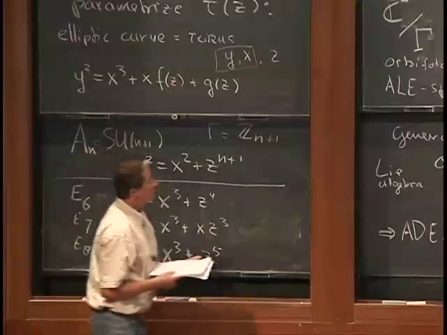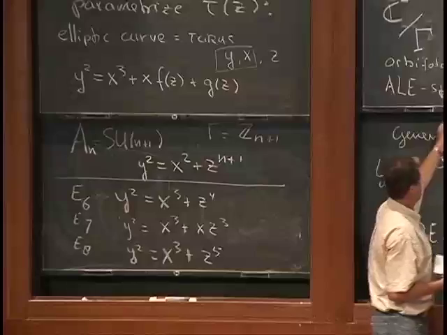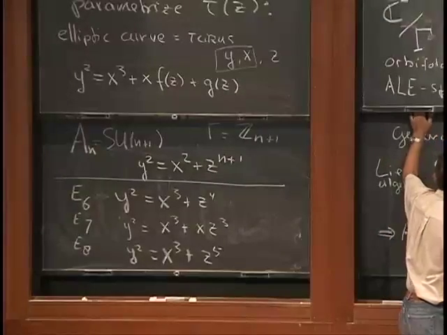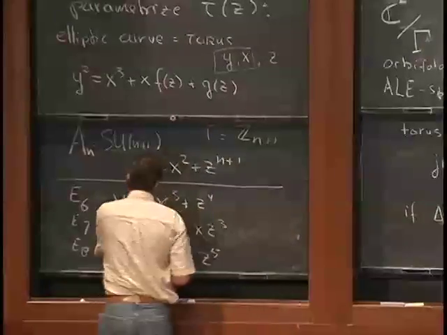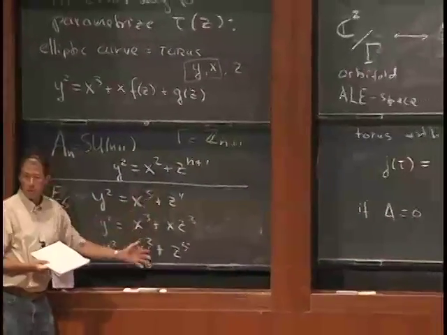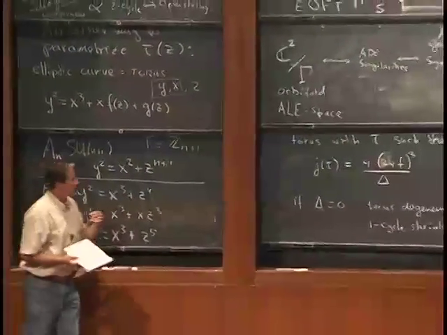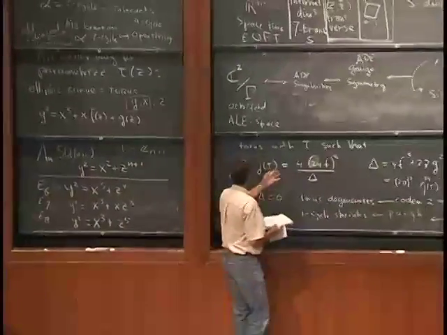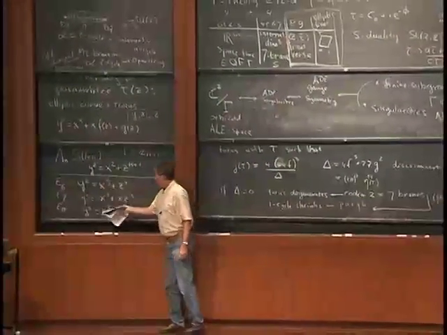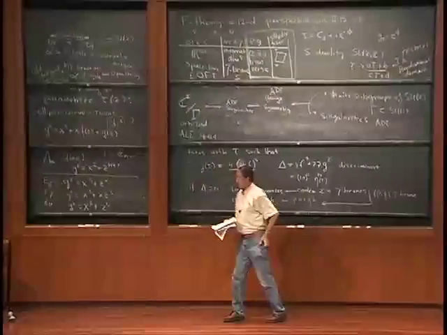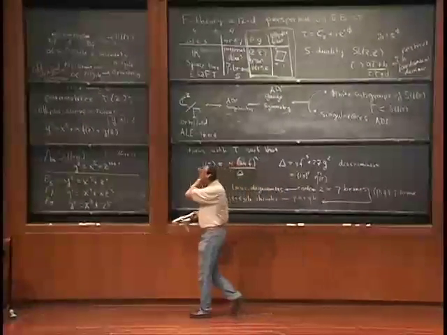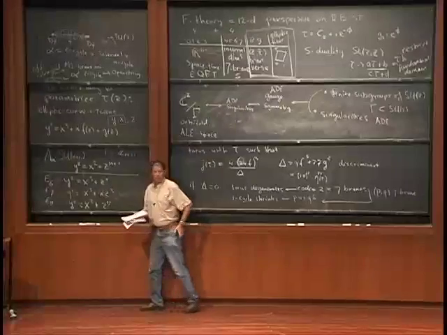So this delta quantity that I guess I erased, it's probably down here, will go to 0 with some pretty high degree at z equals 0, which means that this torus that's associated with this particular type of equations does something pretty singular at z equals 0. And that's why these things are called singularities.